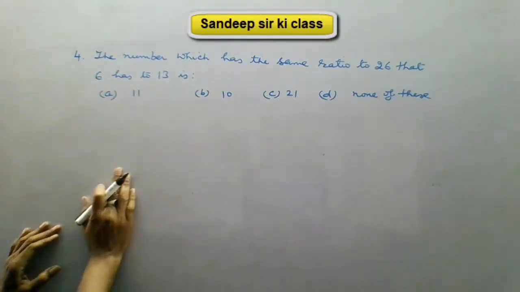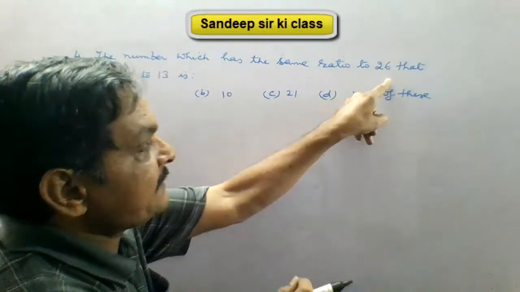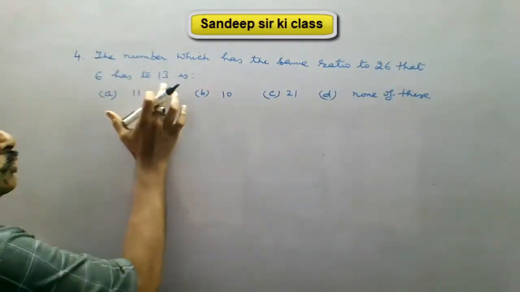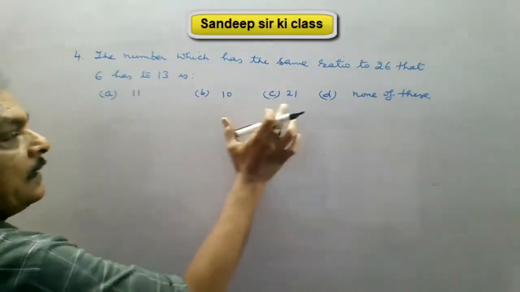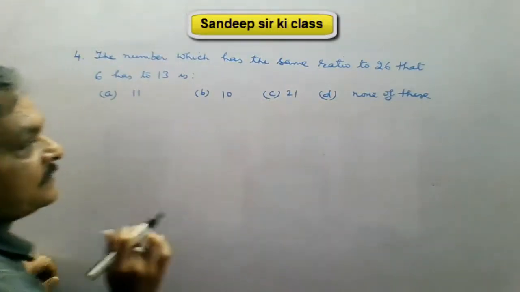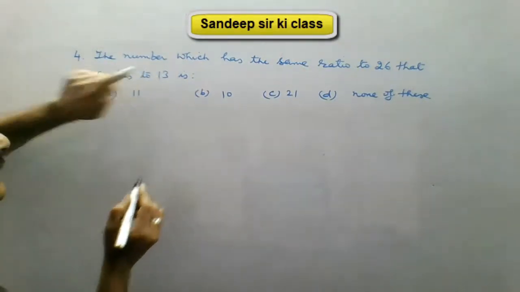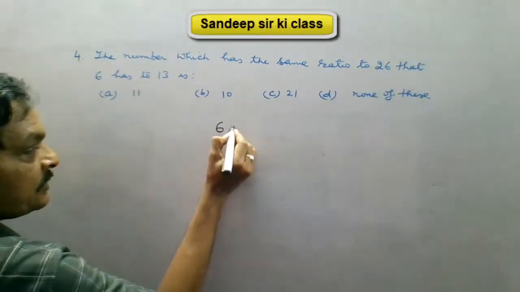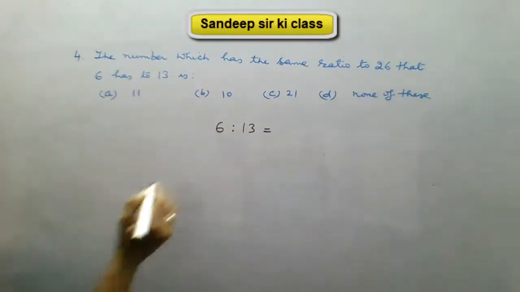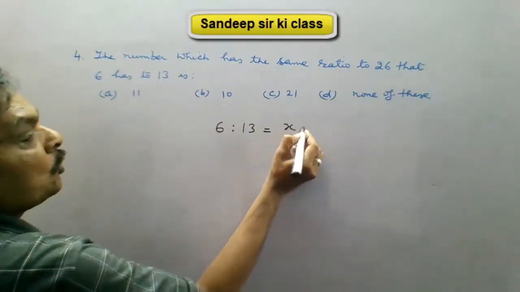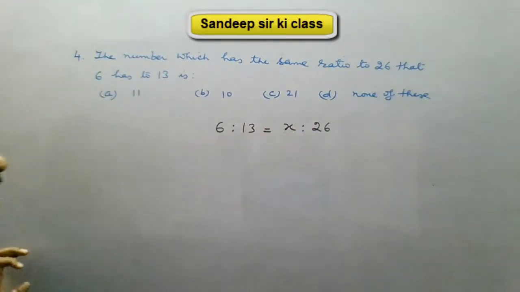Question number 4. The number which has the same ratio to 26 that 6 has to 13 is. Options are 11, 10, 21 and none of these. Now we know that 6 has to 13 ratio is 6 is to 13, and let the number be x, which has ratio x is to 26.